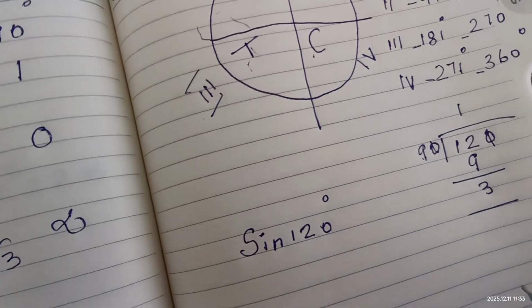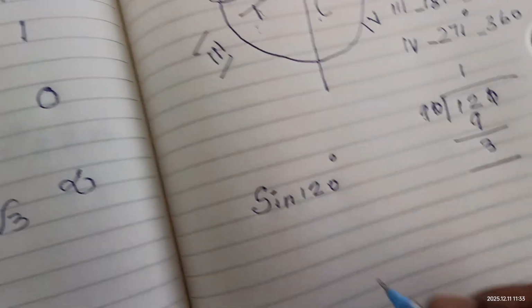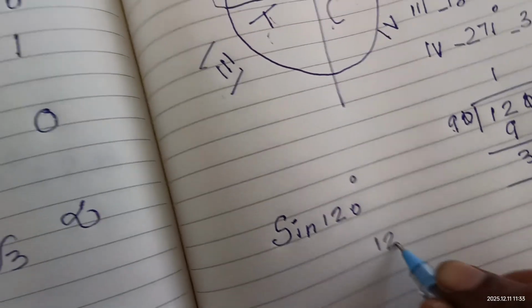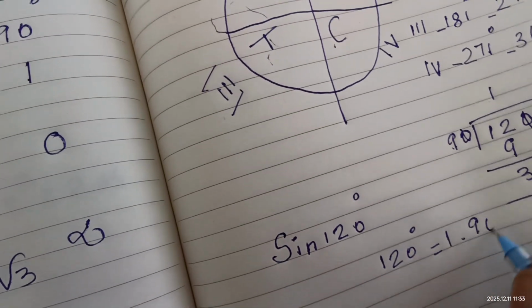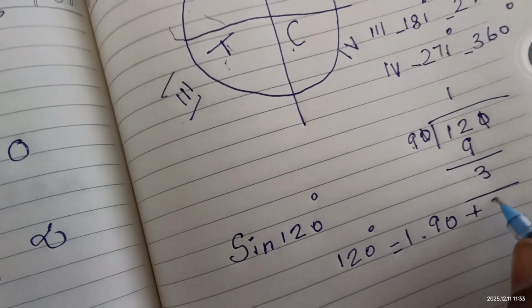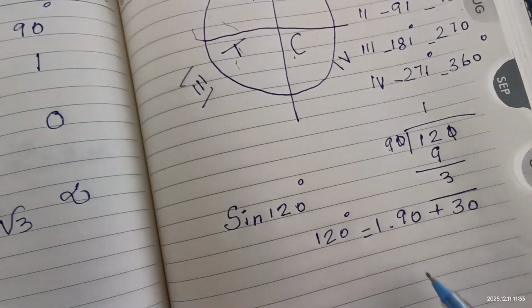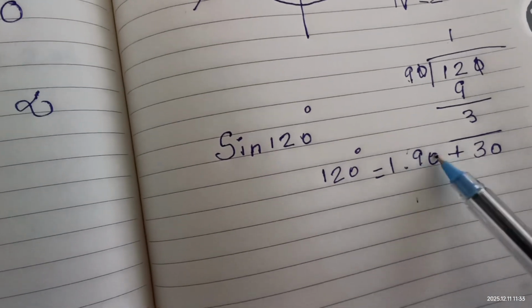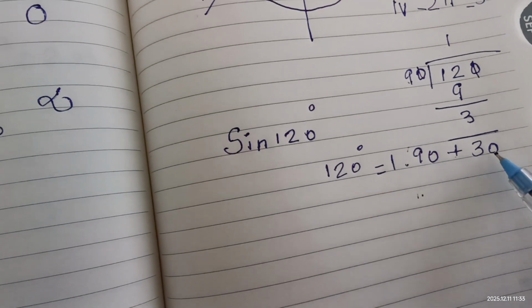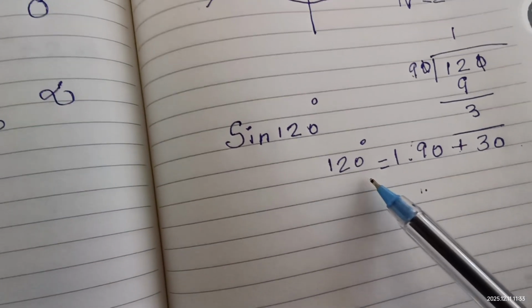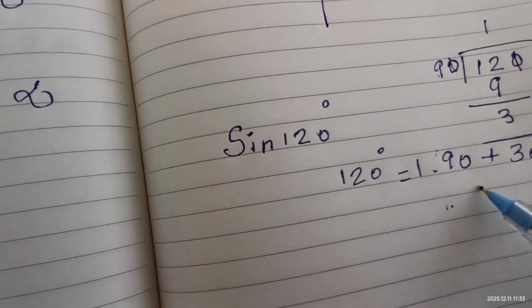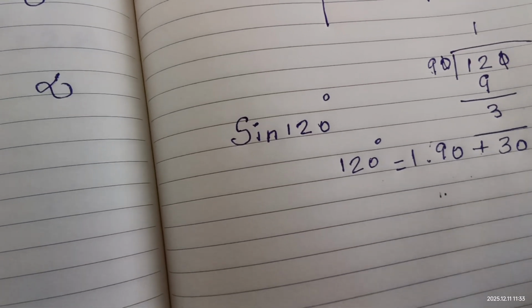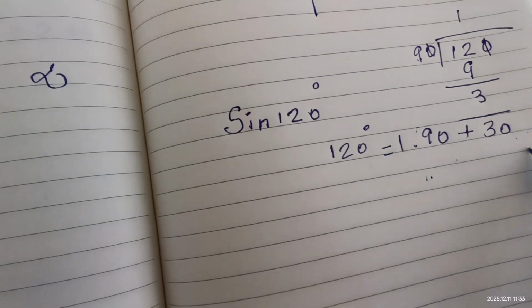So how can we write this? 120 is equal to 1 into 90 plus 30. Because 1 into 90 is 90, 90 plus 30 is 120. That means the quotient into 90, plus the remainder value. Have you all understood how I wrote this step?